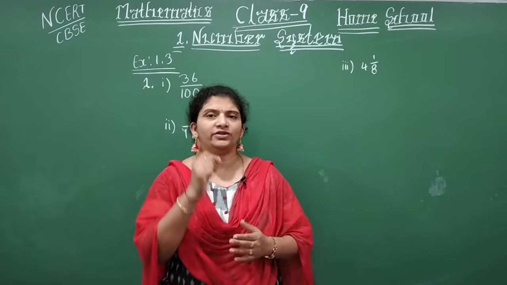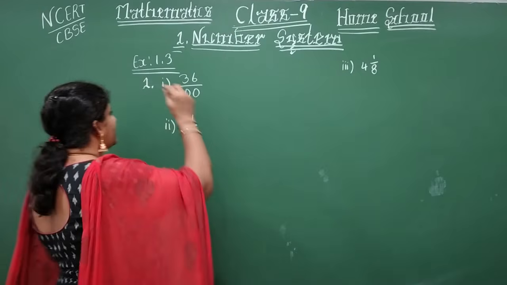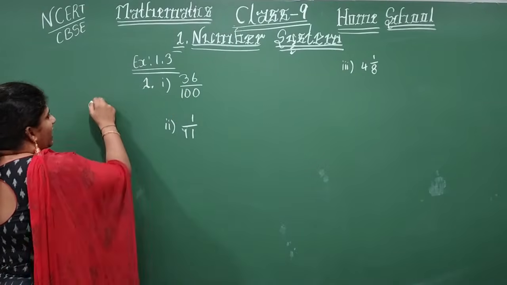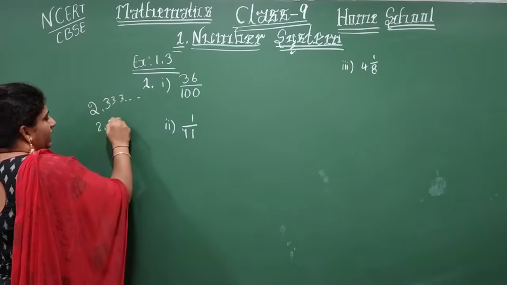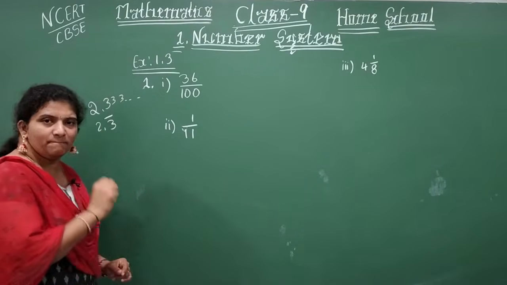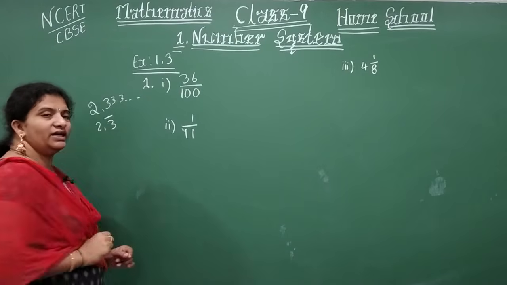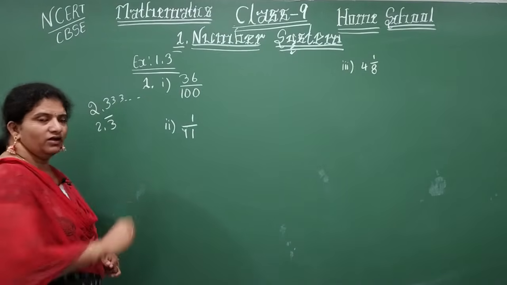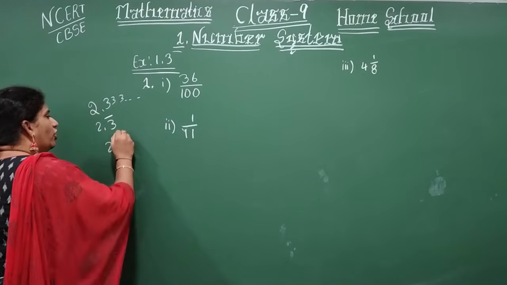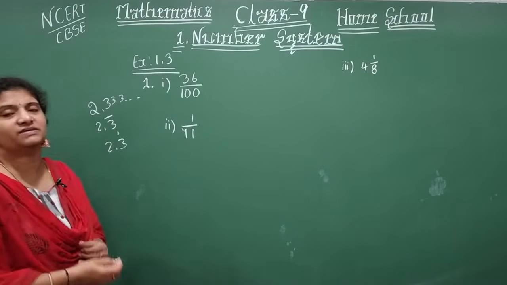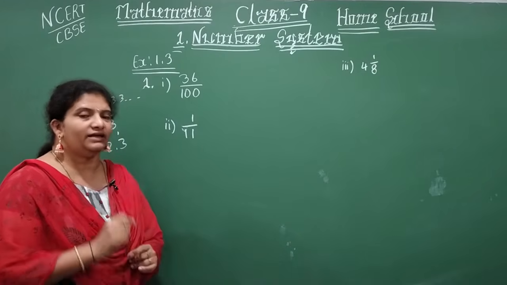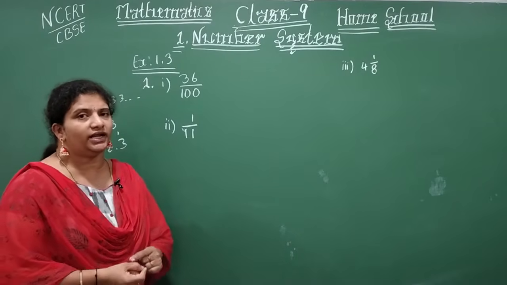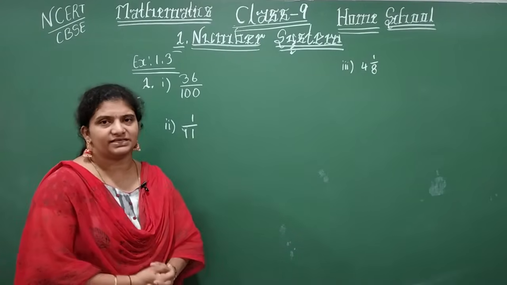How do you write a repeating decimal here, children? You may write it as 2.3333 and so on. That can be written as 2.3 bar, where the 3 digit is repeating, or you may put a dot. This type of decimal is called a non-terminating recurring decimal or non-terminating repeating decimal.